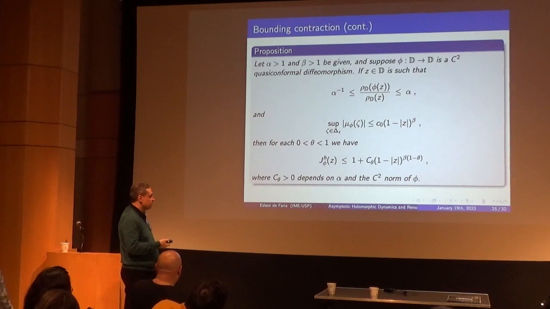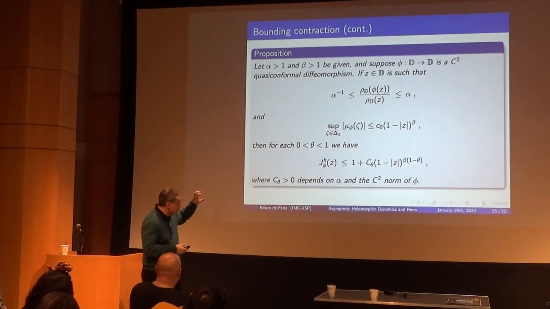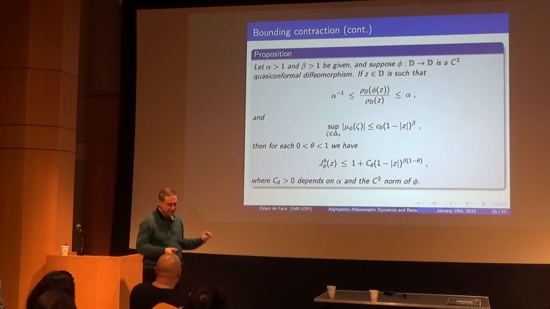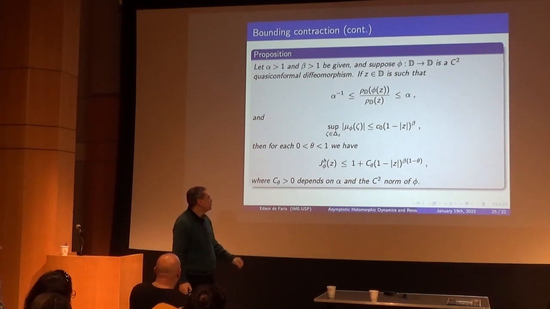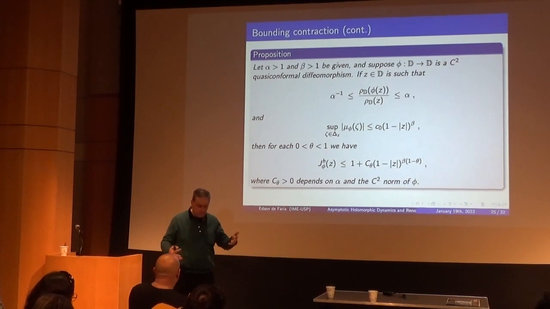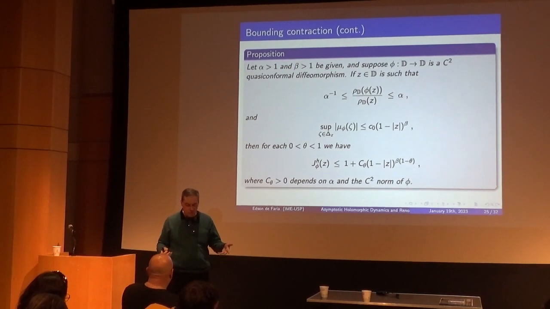So it's not very useful here, because here we are really looking in the small. We are looking infinitesimally. Okay, so this is a quantitative version of this sort of idea that something which is almost conformal is also almost an isometry.